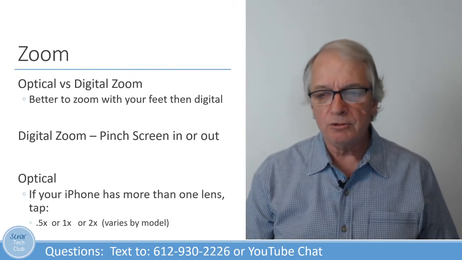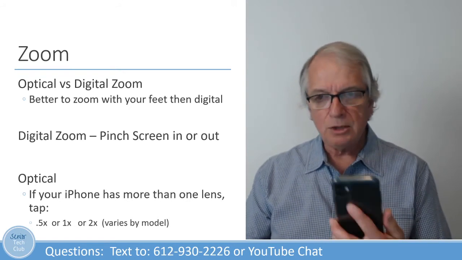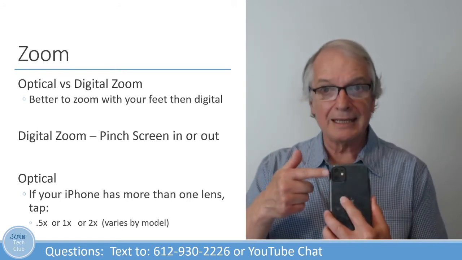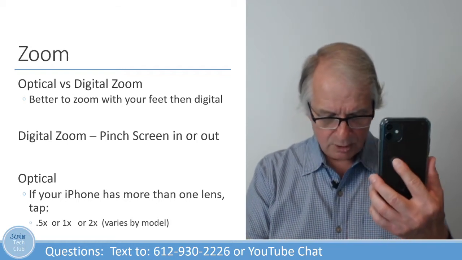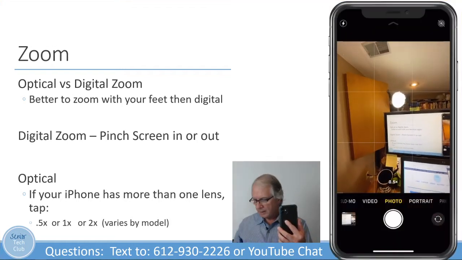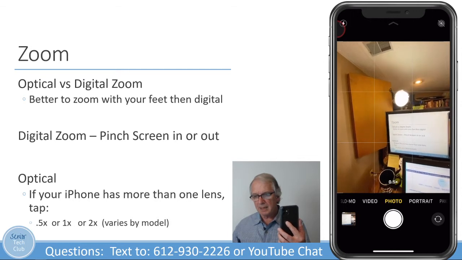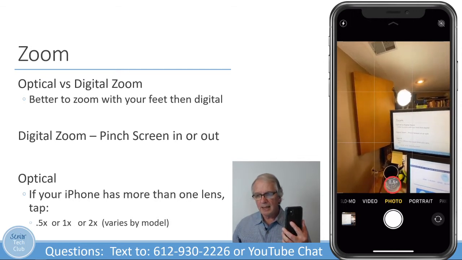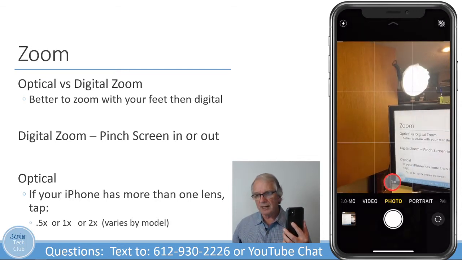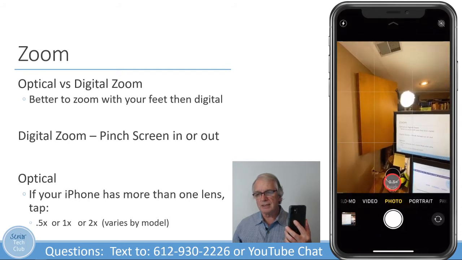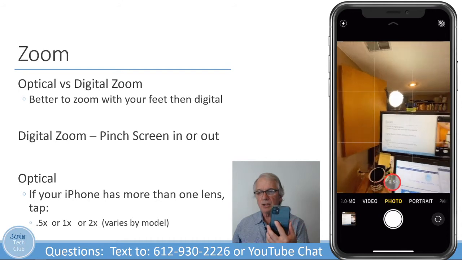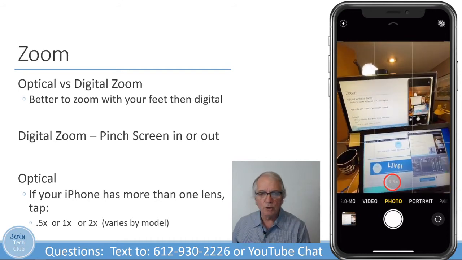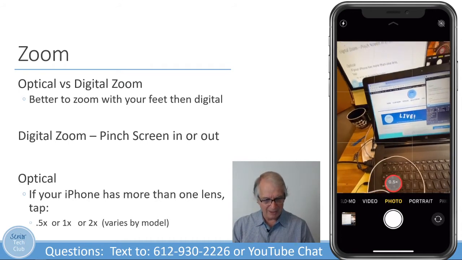So how do you know if you have optical zoom? Well, you can tell based on the lenses if you have more than one lens. Let me switch here. If you notice on my screen example, I actually have 0.5 and 1. So you will see the selection down at the bottom. Now, the actual items that you have will vary depending upon the phone that you have.